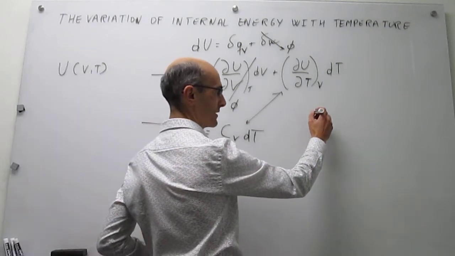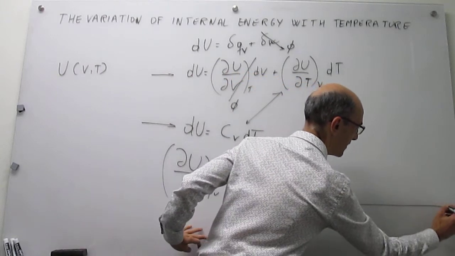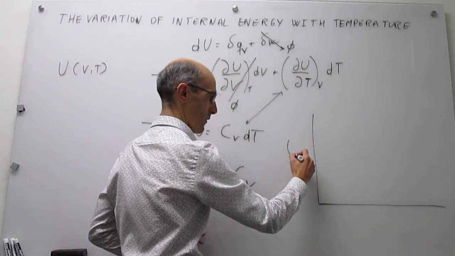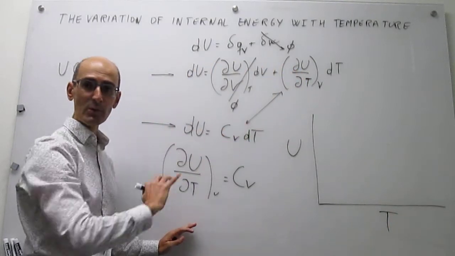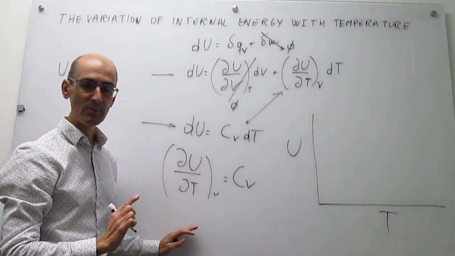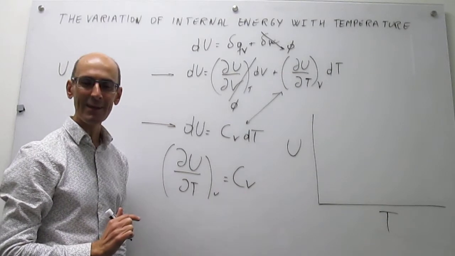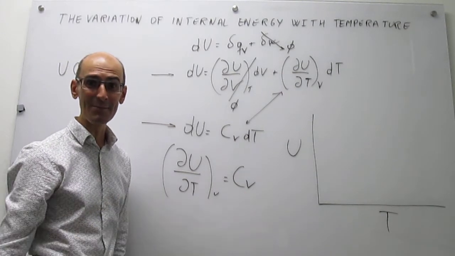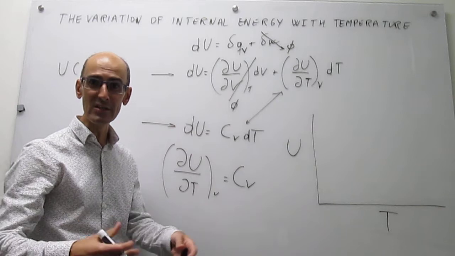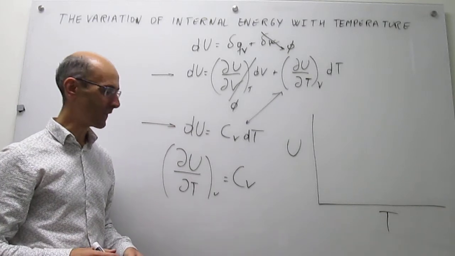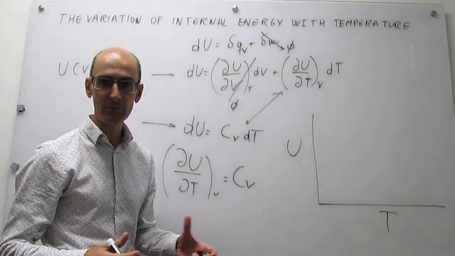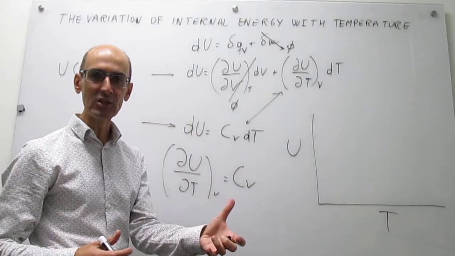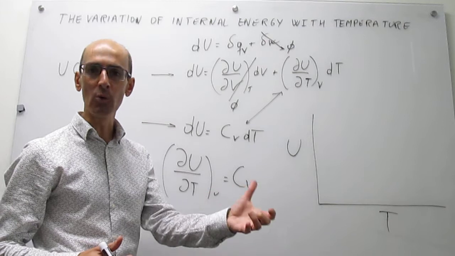So let's actually draw that. If you want to represent how the internal energy changes with temperature, this is going to be a representation, but the slope of that representation is just going to be the heat capacity at constant volume for that substance that you're studying. Notice that heat capacities are always positive. When you supply energy as heat to a system, the temperature goes up.